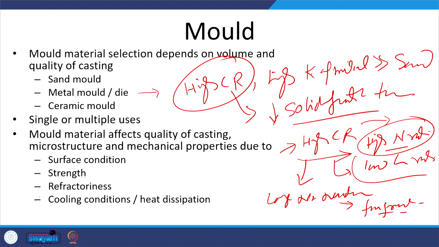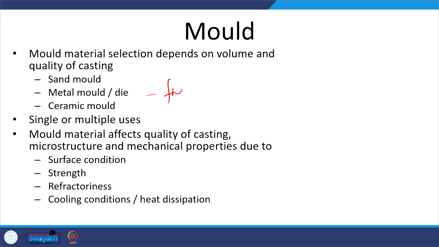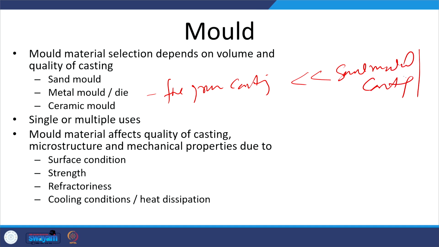So, when we use the metallic mold, we get fine grain castings as compared to sand mold casting. This is primarily attributed to the difference in cooling rate achieved due to the difference in thermal conductivities associated with the two types of molds.